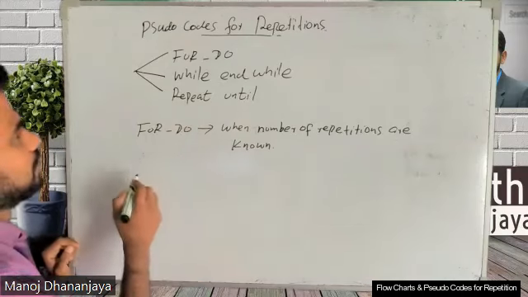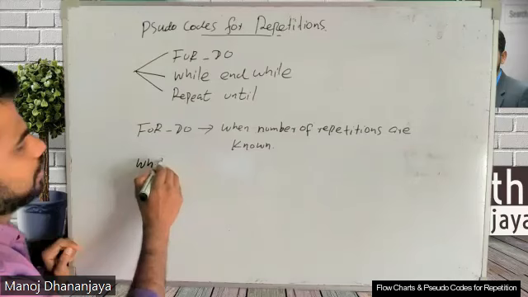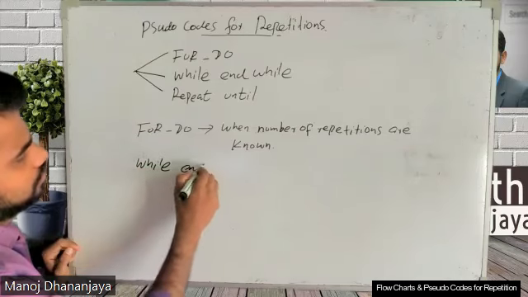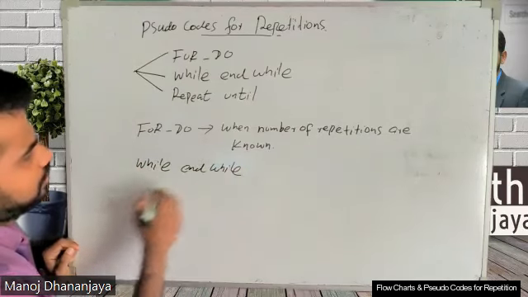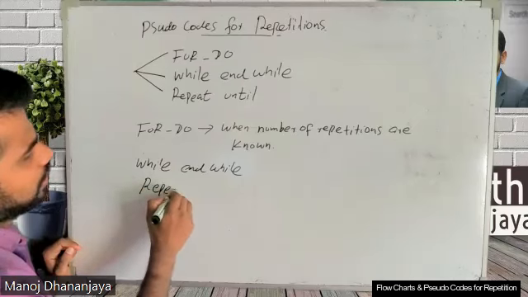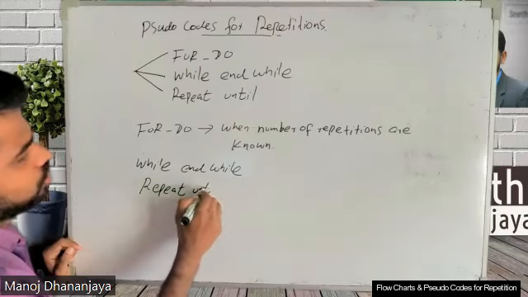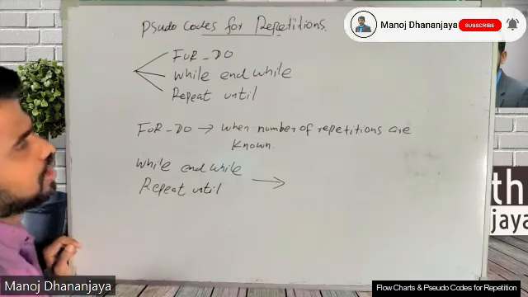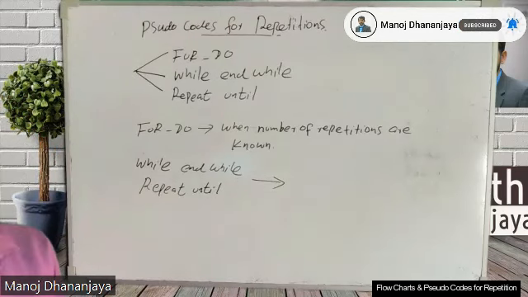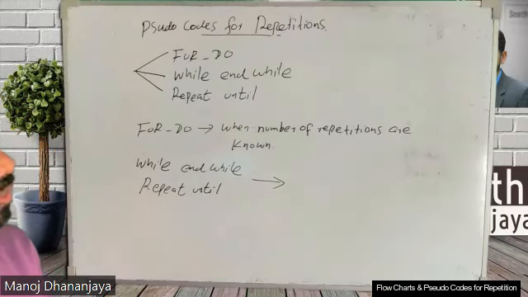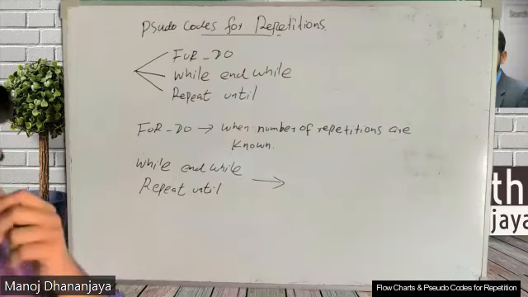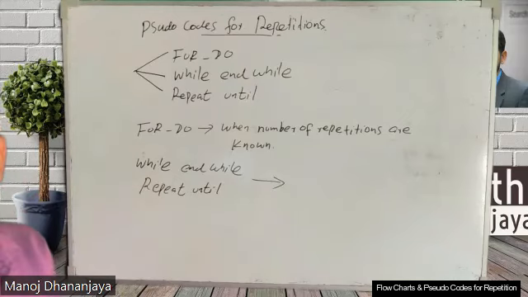Then there are two other methods, no? While, and repeat until. Both while and repeat until methods are used to represent an unknown number of repetitions. If the number of repetitions is unknown, then what can we use? While, and repeat until.